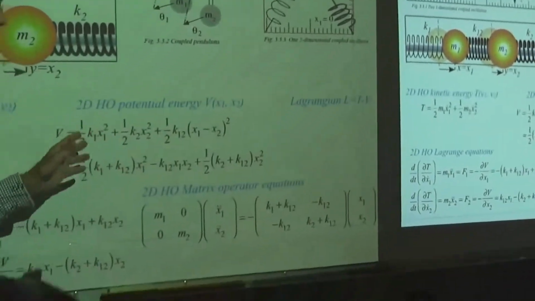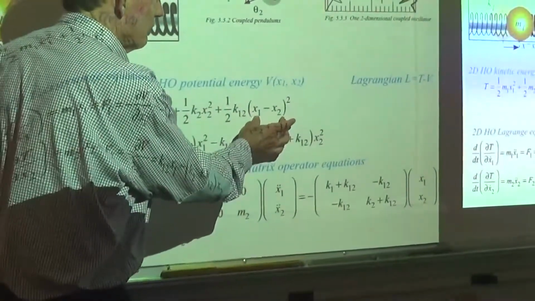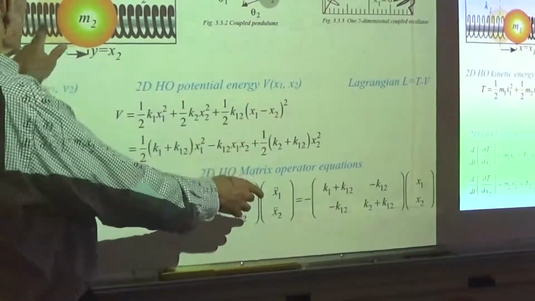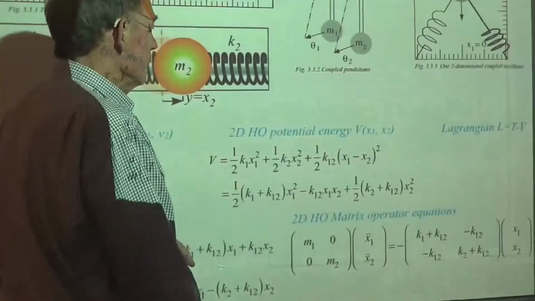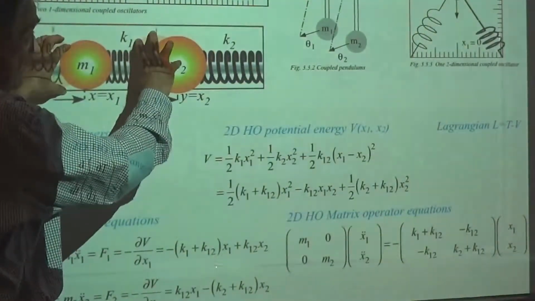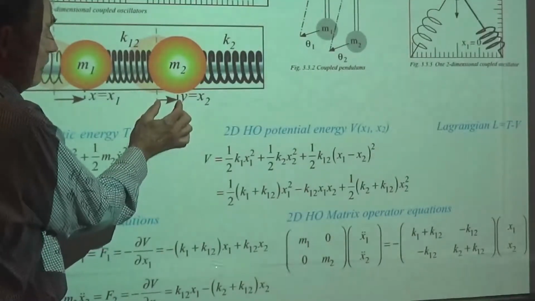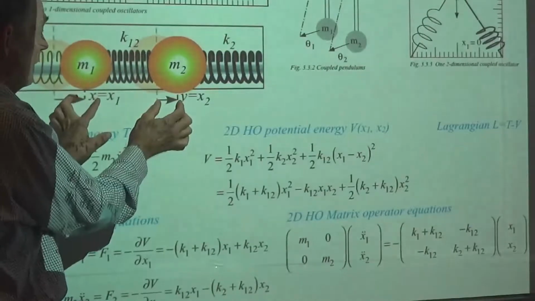The simplest way to write the potential is to simply put the difference, and this is the coupling spring right here, the difference of the coordinates from their equilibrium position, which is shown by the little shady ball there. That is the distance off of the equilibrium for this one. This is the distance off of that one.